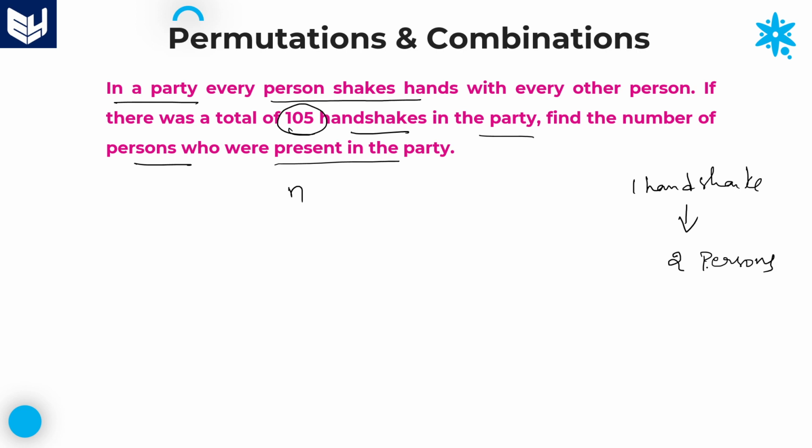So I am selecting 2 persons out of n members, as we don't know the number of persons, which is equal to the total number of handshakes in the party, that is 105. That value is already given. Now I can write nC2 as n into n minus 1 by 2, which is equal to 105.